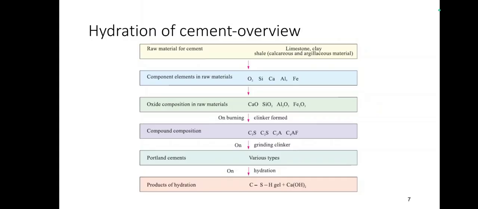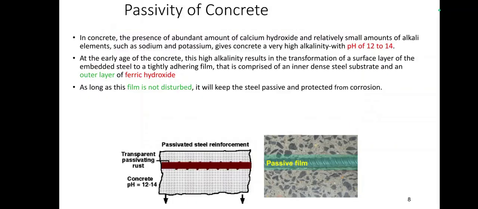So before entering into the corrosion mechanism, you have to know the hydration of cement concept. What is the final product once materials like argillaceous and calcareous material react with water? That we make as cement, and once it reacts with water it forms CSH gel and calcium hydroxide.